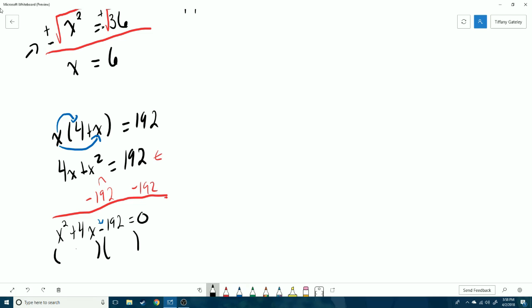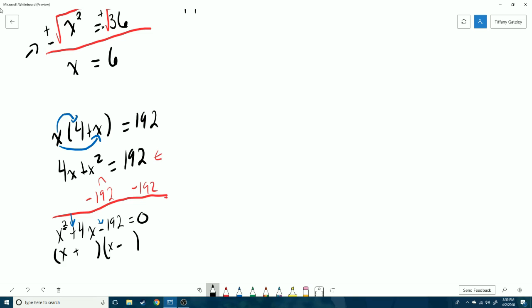So you'll have a plus in one and a minus in the other one. And this tells you what one goes with the bigger number. So you have x here and x here because this is x squared. And you just have a 1 coefficient here.